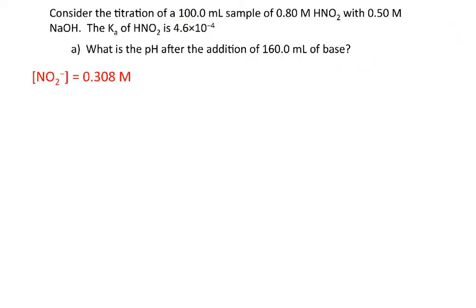All right, so what the equilibrium problem boils down to now is I need to calculate the pH of 0.308 molar NO2 minus, which is a weak base. So the first thing I want to do is write down the chemical reaction. So I have NO2 minus reacting with water.